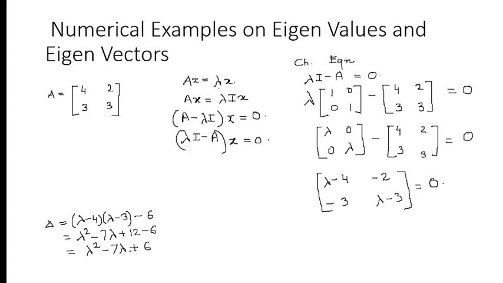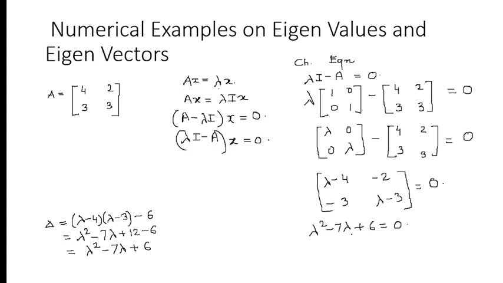Now this will be equal to 0. So we can write lambda square minus 7 lambda plus 6 equal to 0, and we can get the value of lambda.